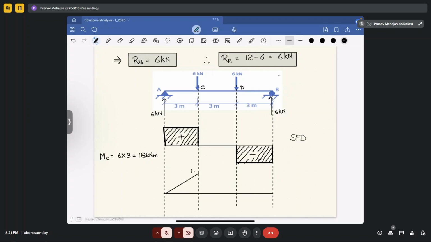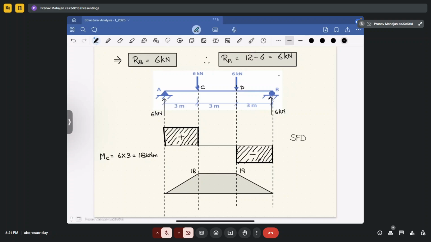So this will be your 18. No load in between, so in this case, it will continue like that. And then from this, it will reduce to 0.